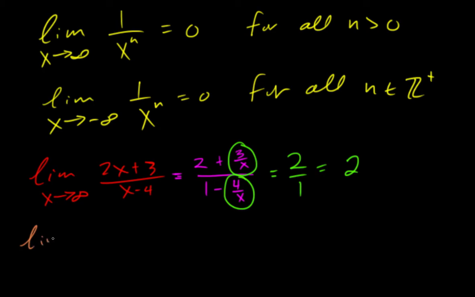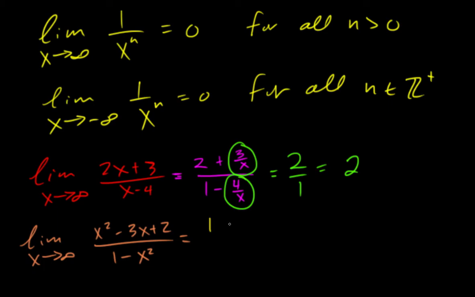Okay, let's try another one. Limit as x approaches infinity of (x squared - 3x + 2) over (1 - x squared). Once again, we want everything to be divided by a power of x. Our biggest power of x on the top or the bottom is x squared. So the approach is to divide everything by x squared. x squared divided by x squared is just 1.